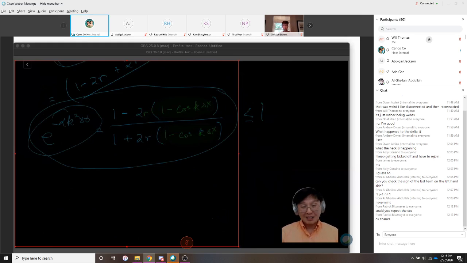Our value of r is alpha delta t over delta x squared. Delta t is a positive number, and so r is always a positive number. So you're subtracting a positive number from 1 in the numerator and adding that same positive number to 1 in the denominator, so it will always be less than 1.